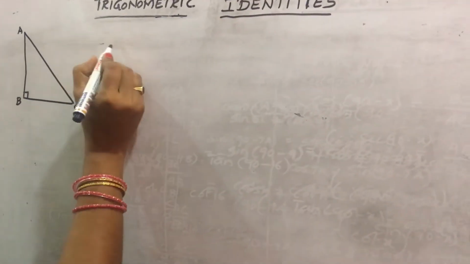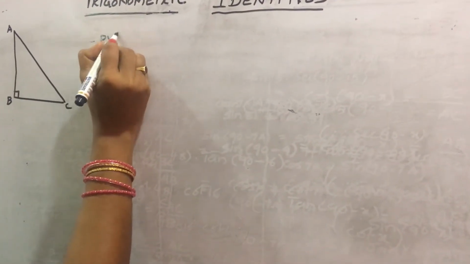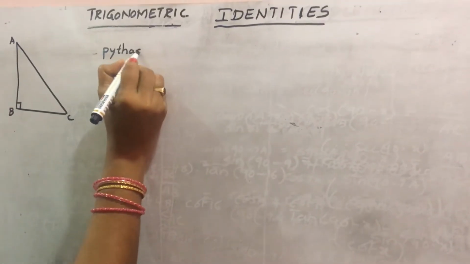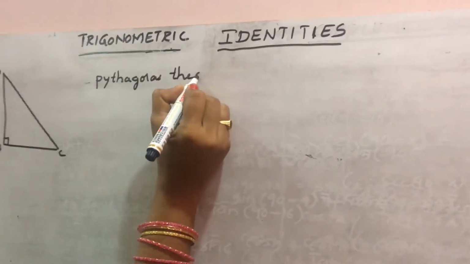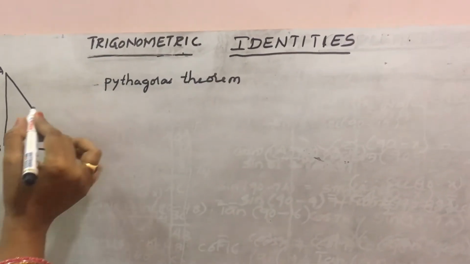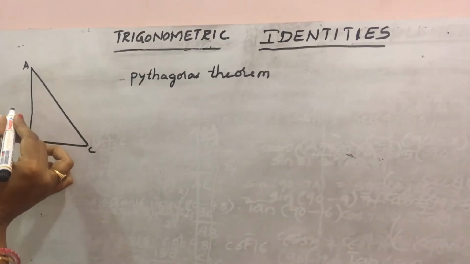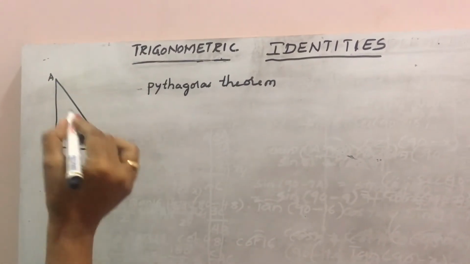From this, for every right angle triangle, we can use Pythagoras theorem. What is Pythagoras theorem? Hypotenuse square is equal to sum of the squares of the other two sides. What is hypotenuse here? AC.